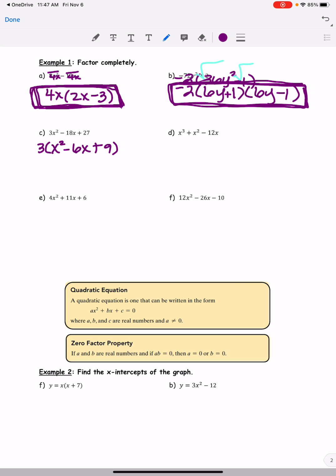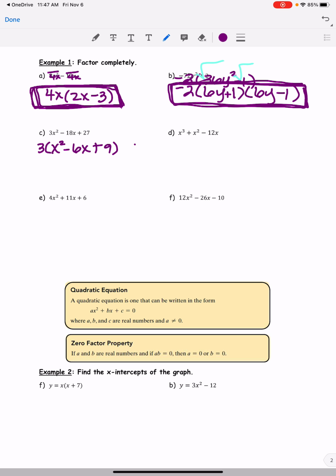So now I have a trinomial. And so is this an easy trinomial or a hard trinomial? Well, this one here would have been hard, right? Because my a is a number. But here, because my a is 1, that makes this one an easy one.